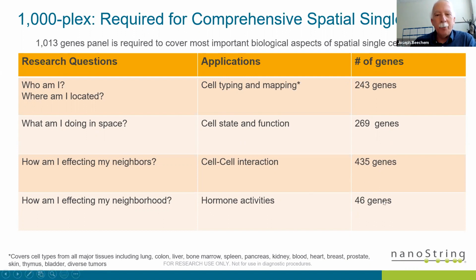And then cells sometimes are affected by signals from far away, hormonal activities and things, so we wanted to have things like that. We sort of view this 1000-plex as table stakes, if you will. If you really want to look at a single cell and understand these kinds of questions, it takes about 1,000 genes to do a half decent job of it.